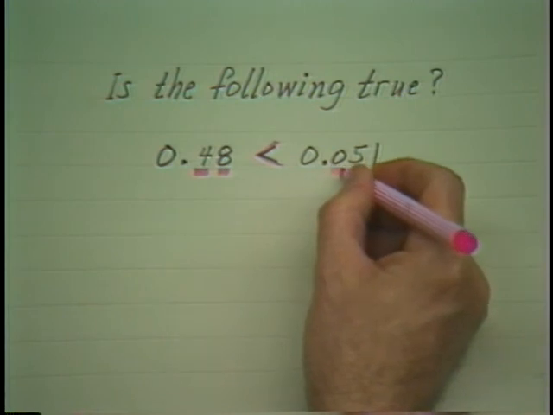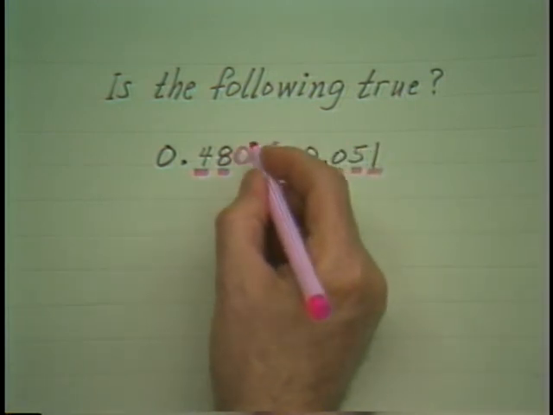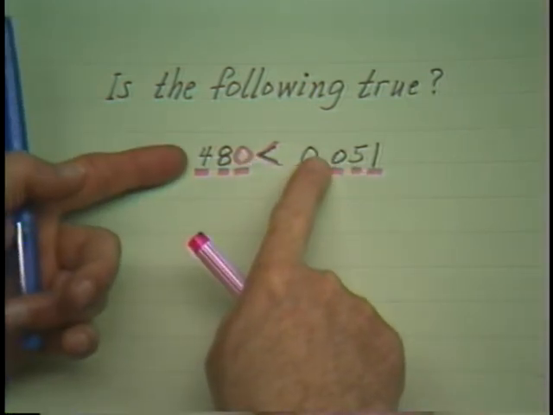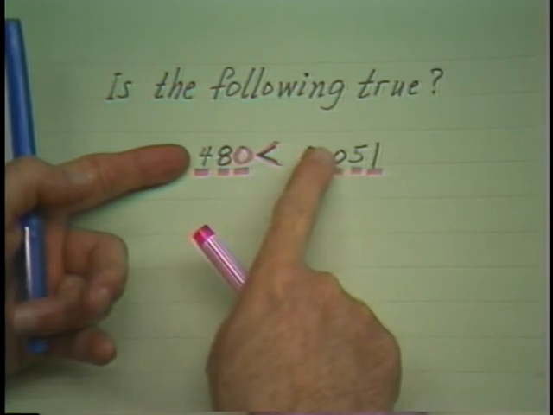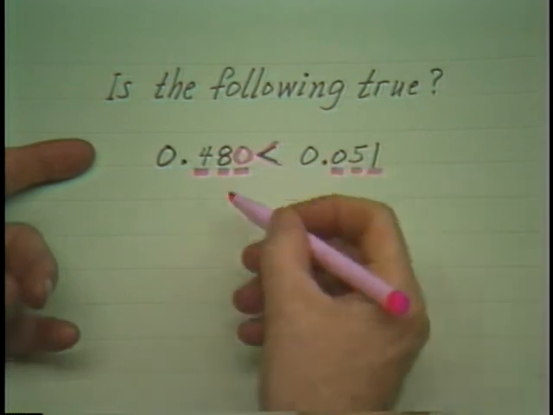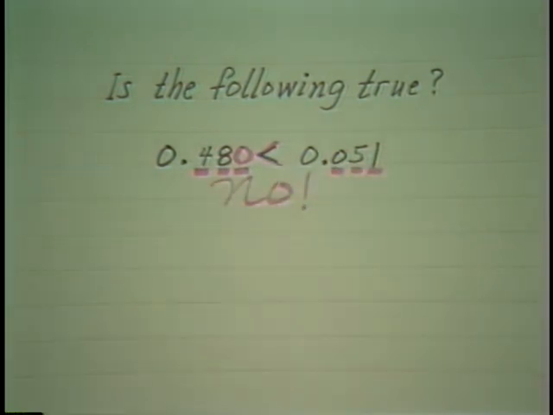So there's 2, there's 3, so I append a third place 0. Now ask the question, this is 480, this one is only 51, so this is much bigger than that. So the answer to our question is no, that's not a true statement.